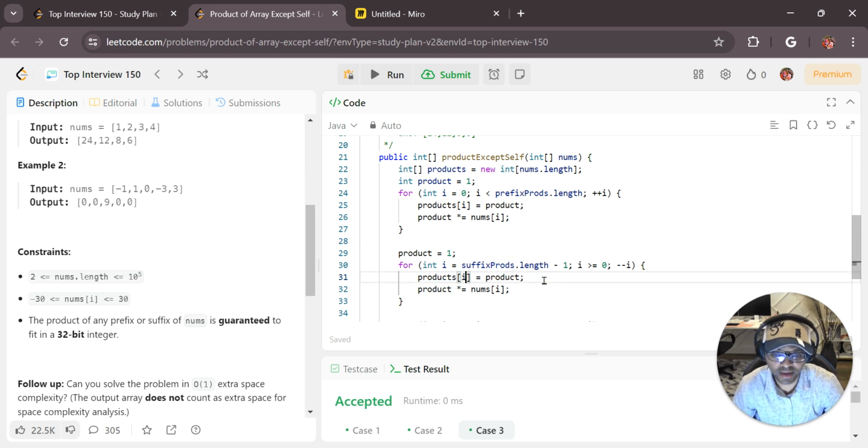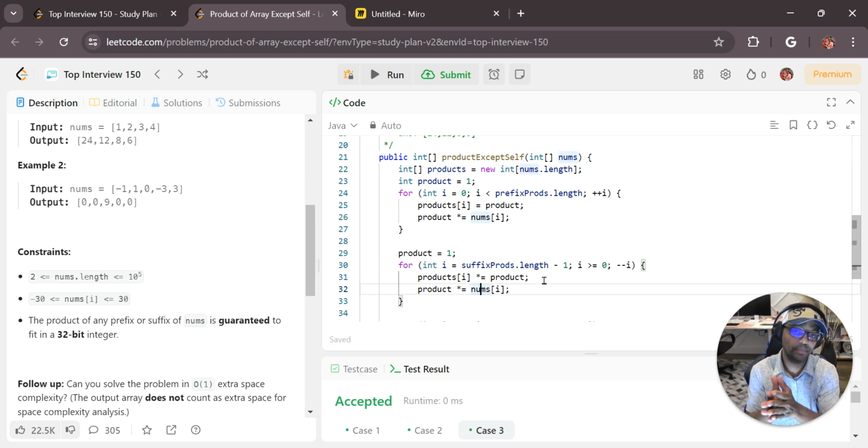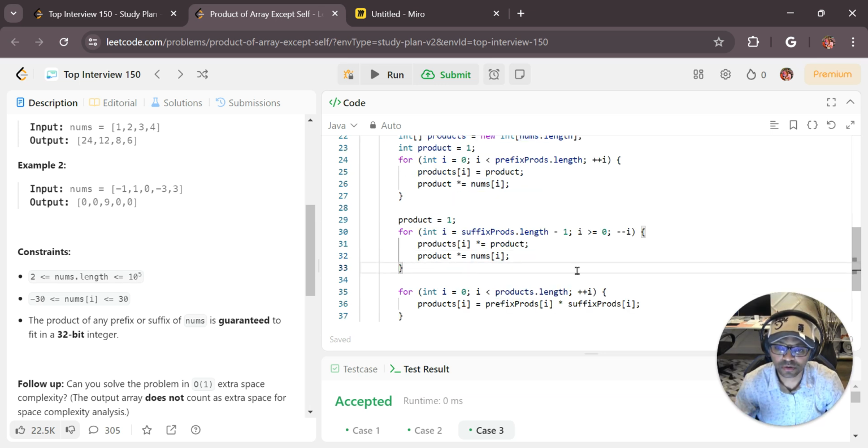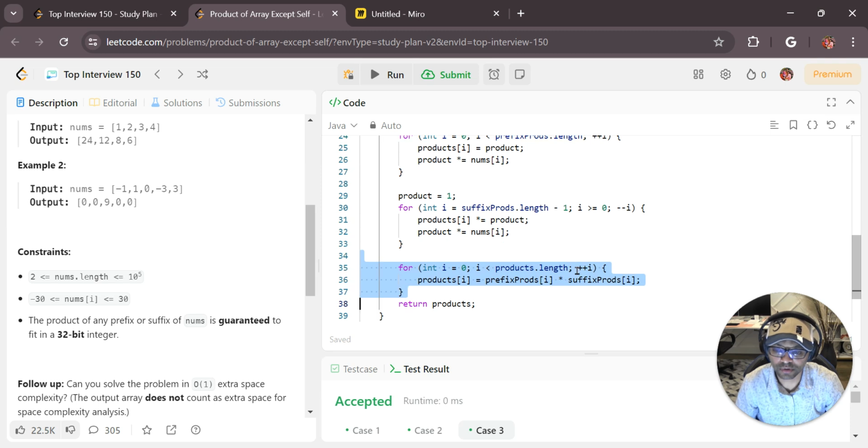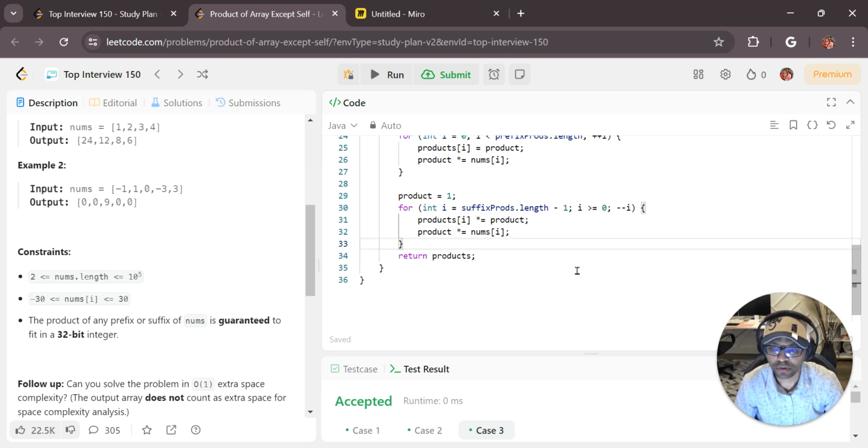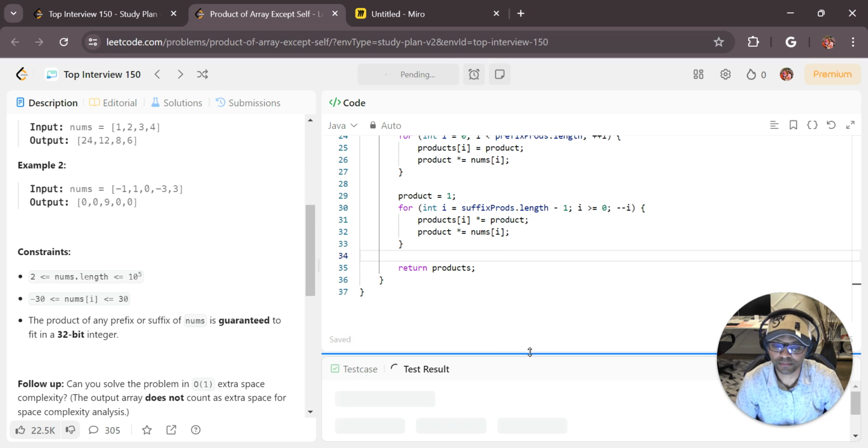So products of i times equal to product. We don't want to erase what's there because it already contains the prefix product. So all we do is now also multiply into that the suffix product, right? Yeah, this should work. And we don't need this anymore. And that should work. Okay, let's see, let's see.